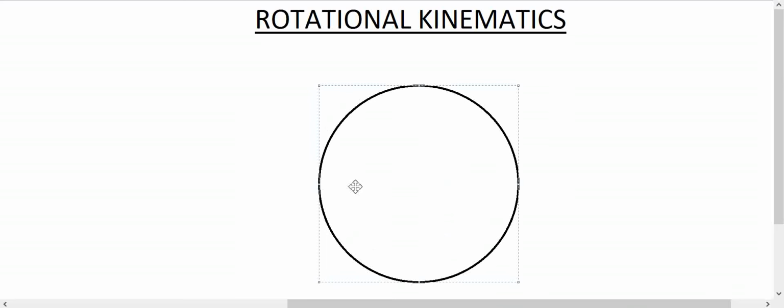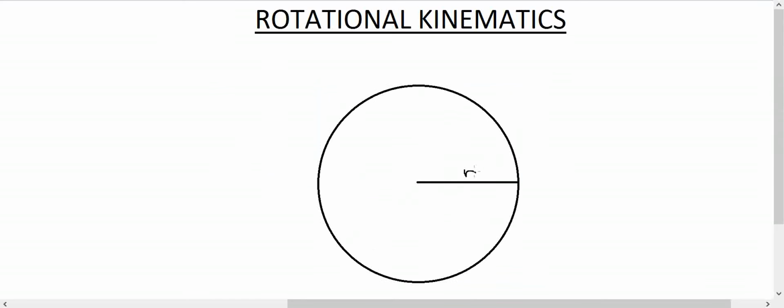Okay, something like that. Radius r. Yeah, so this is r.